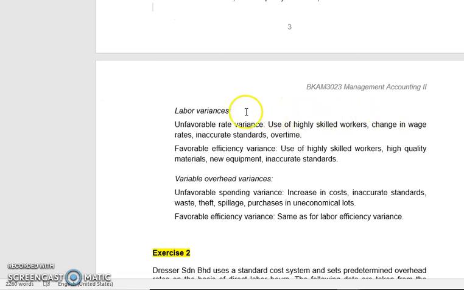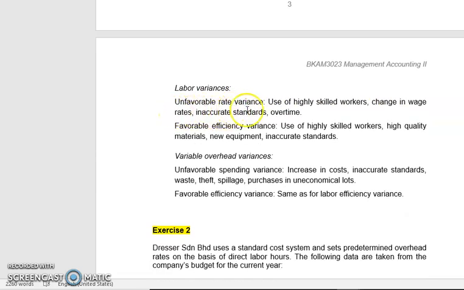For labor variance, why do we get labor variance? Unfavorable rate variance: use of highly skilled workers, change in wage rate, inaccurate standard, and overtime. Because if we use highly skilled workers, we have to pay a lot, so sometimes it will cause the unfavorable rate variance.